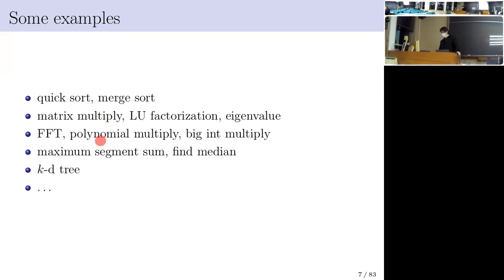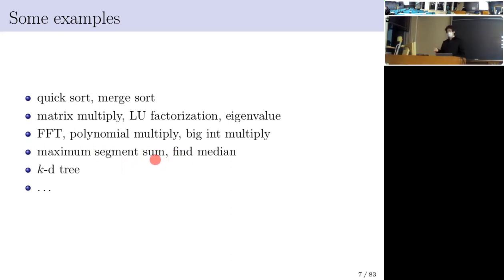So FFT, polynomial multiplication, big integer multiplication, they are very similar things, but they can all be naturally expressed using divide and conquer. There are some others that are less important but still interesting algorithms, like maximal segment sum and find a median, that were not easy to come up with a solution for.